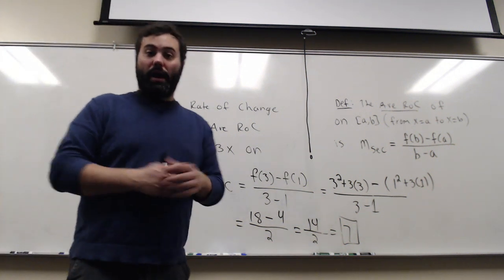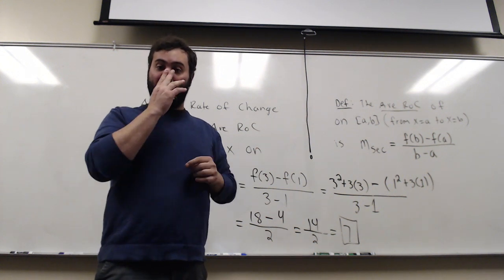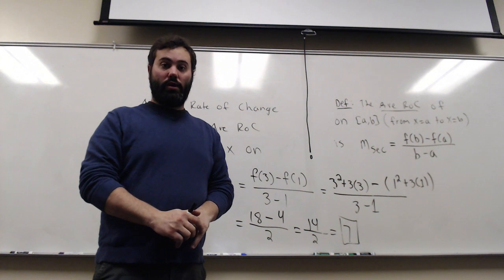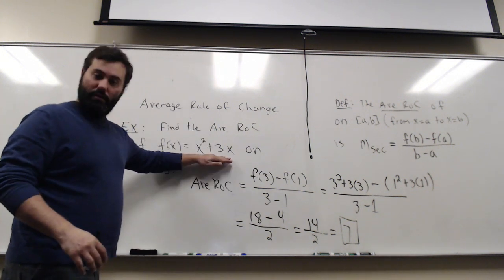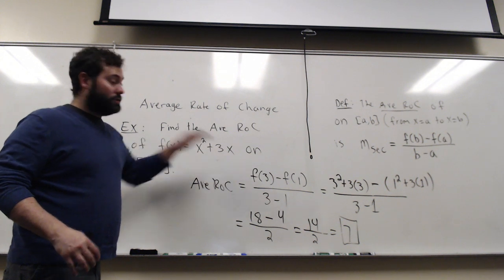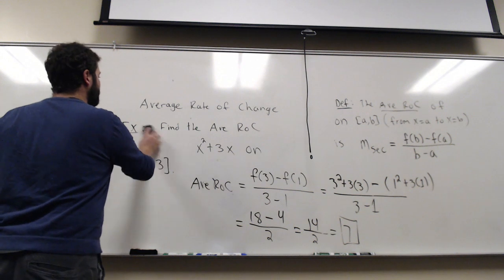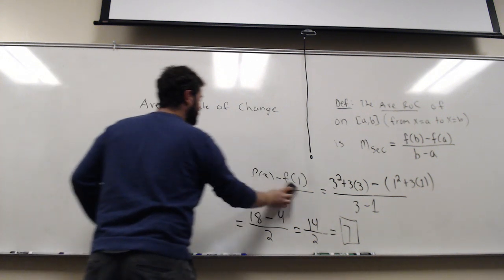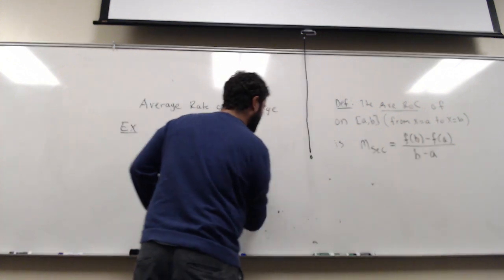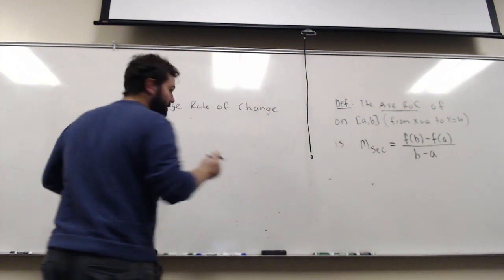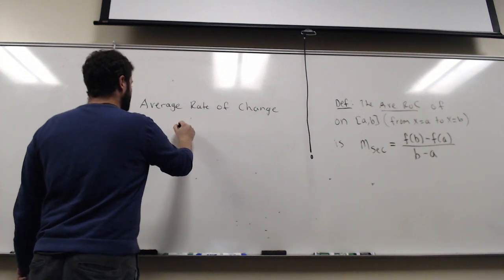Now, what I have left to do is to do this graphically. On the one hand, you can be given a function algebraically, and you can just directly compute the average rate of change using the expression given by the function. The other thing you can do is, what if I give you the graph of a function?